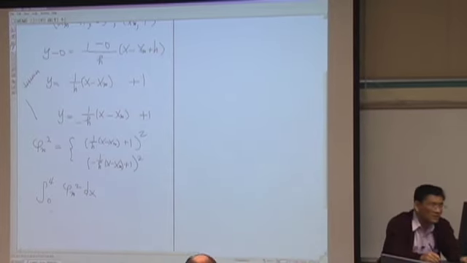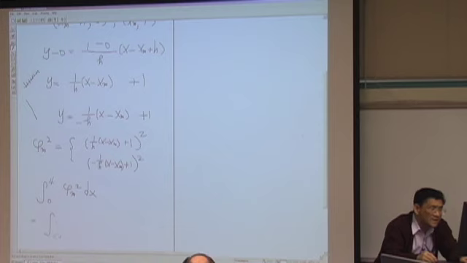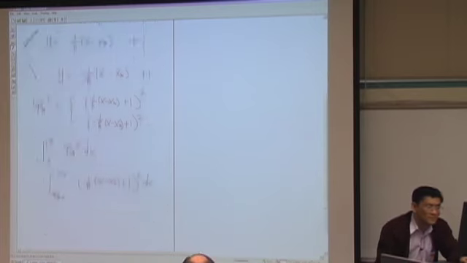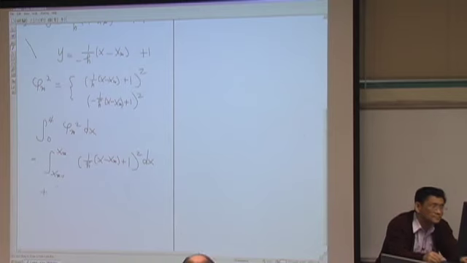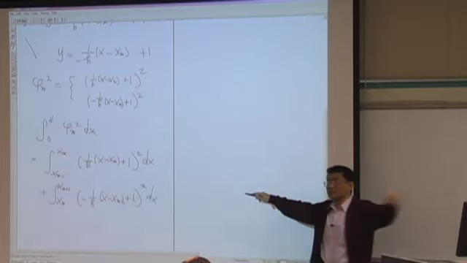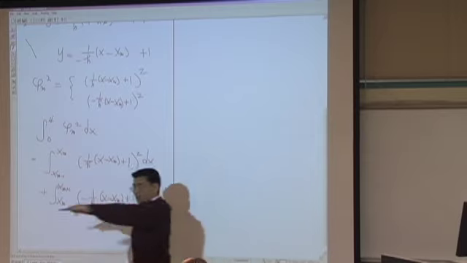Then let's break up the interval. So from xm minus 1 to xm, we should use this function. And from xm to the next one, we should use the other function. And then at other points, all 0, right? At other points, all 0.